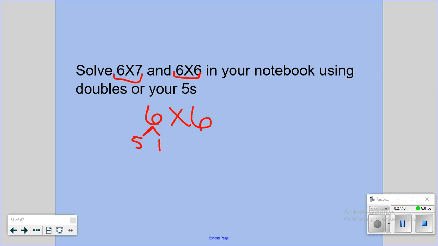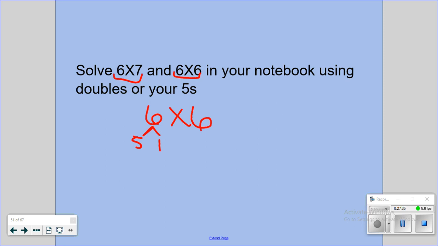But if you know 2s and 4s, could you break it into 2 and 4? I don't recommend breaking it into more than 2 numbers when mathematically, yes, you can. But then it starts getting complicated to keep track of all those numbers. I like to break it into 5s and 1s because 5s and 1s are easy, and I like easy.